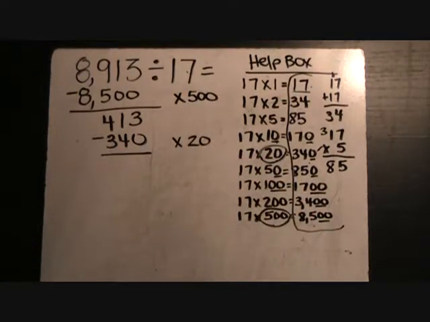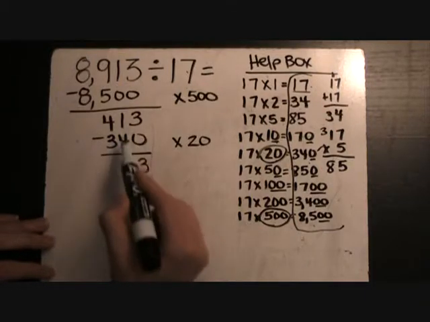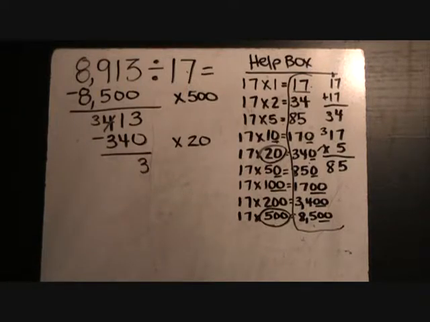Now that I've done that, I simply subtract. 3 minus 0 is 3. 1 minus 4, I cannot do that. So I need to borrow 100 from the 400 and make it 300. And then I'm going to bring over the 100 into the tens place. That gives me 11 tens minus 4 tens. So 11 minus 4 is going to give me 7. And 3 minus 3 is nothing. So I'm left with 73.